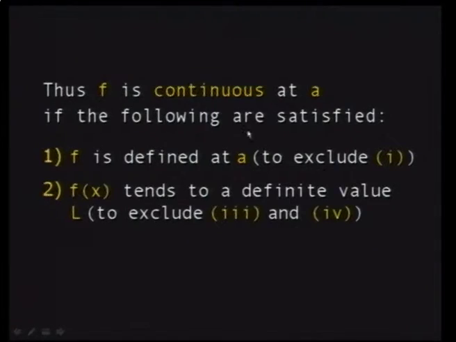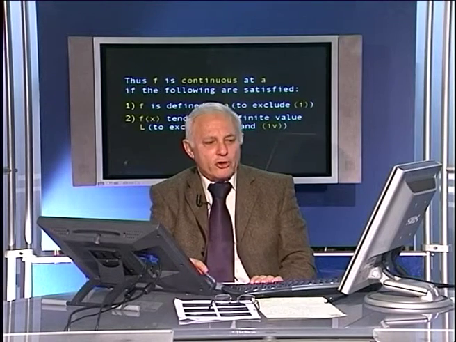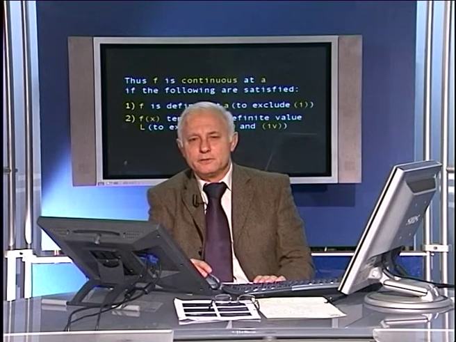Next, if the limit exists, if f of x tends to a definite limit L, a real value, in other words, the limit exists at this point, then you can easily exclude the third and fourth types of discontinuity.